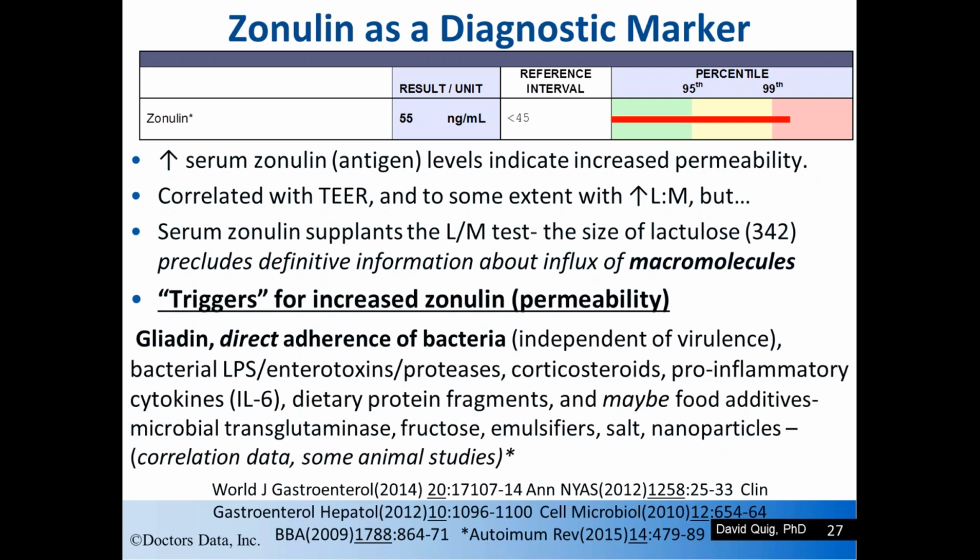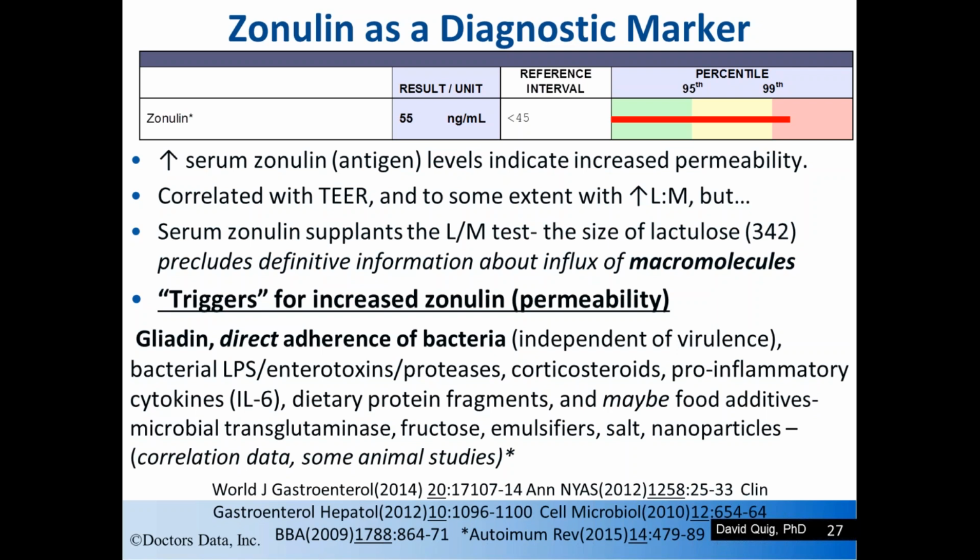So what are some of the triggers for increased zonulin and increased epithelial cell permeability? Obviously gliadin. I talked about direct adherence of bacteria to the epithelial cells independent of their virulence. We can't even have lactobacilli binding directly to epithelial cells.